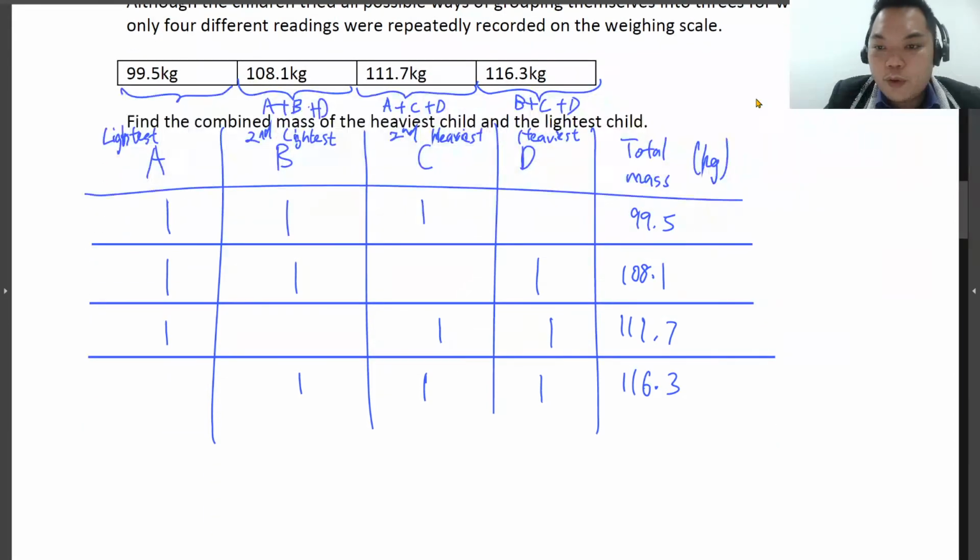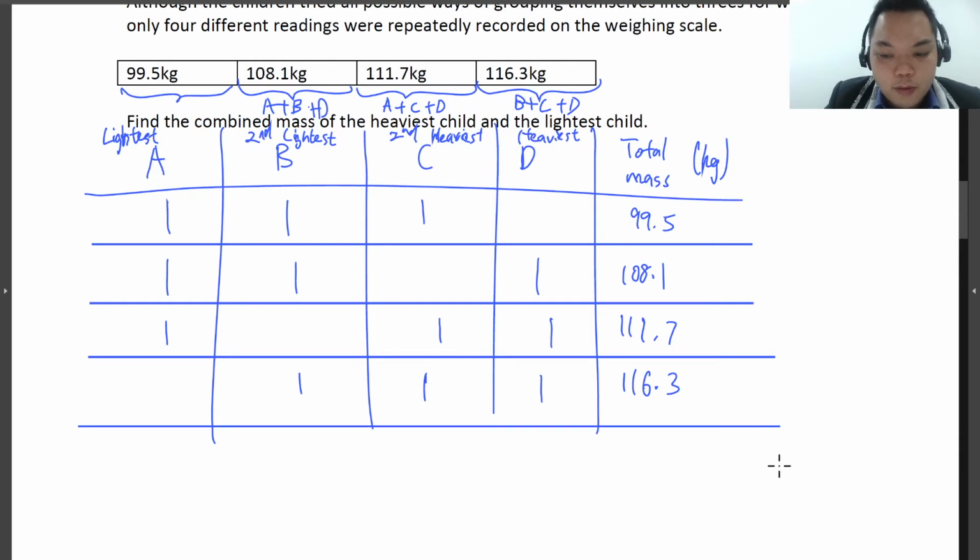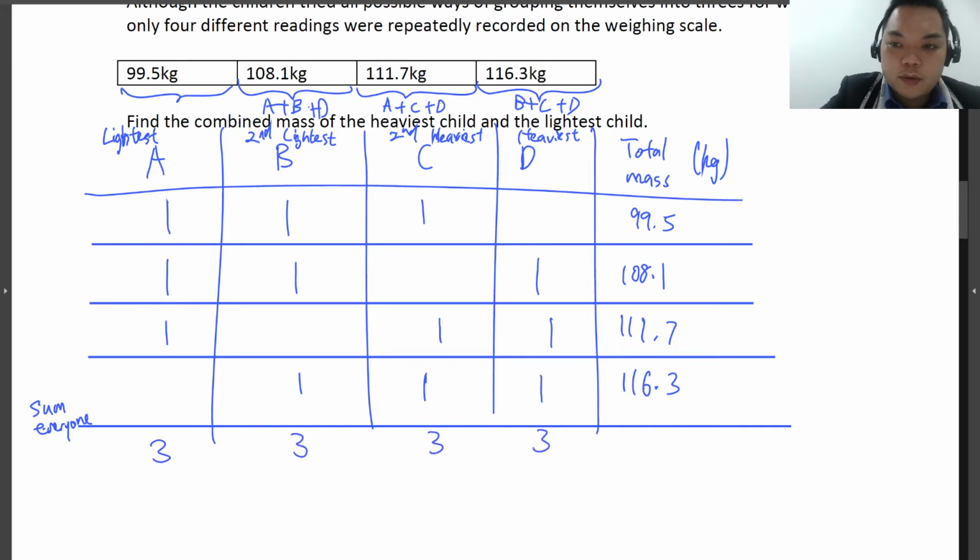now when you have all this ready, what else can we do from here? So if we are to sum up everyone, we will obtain 3 copies of everyone. Okay?